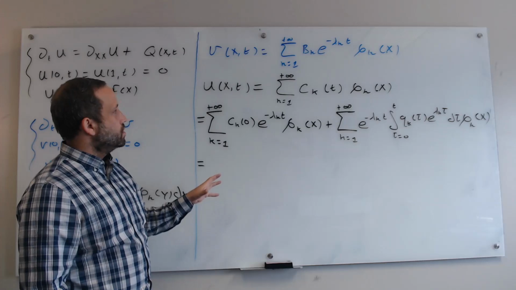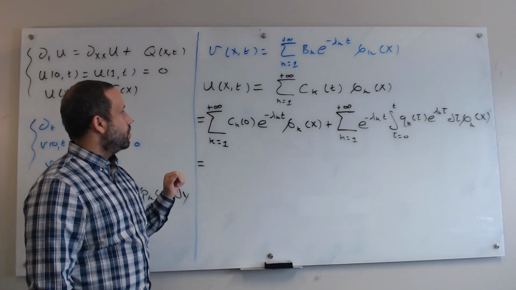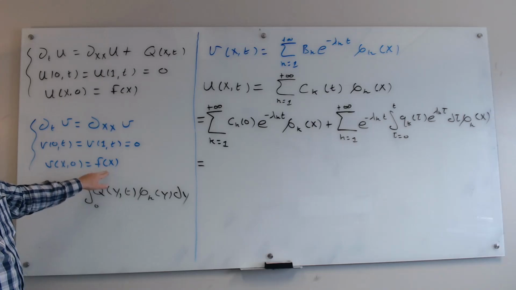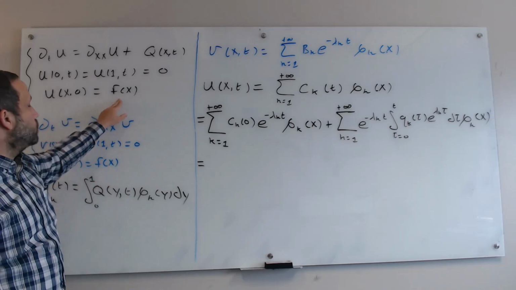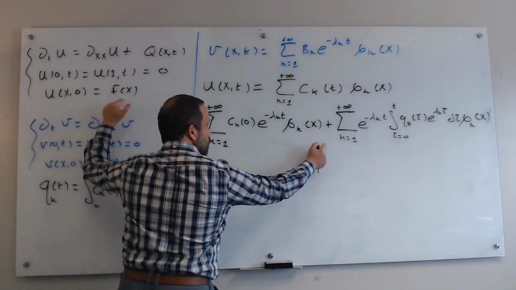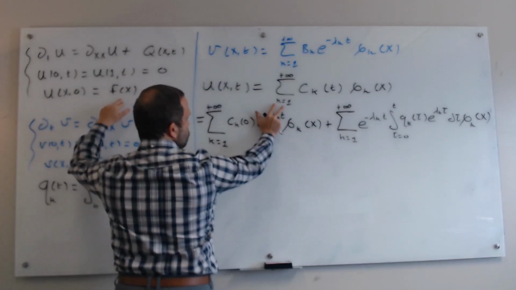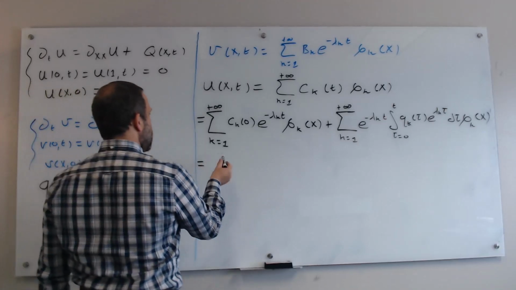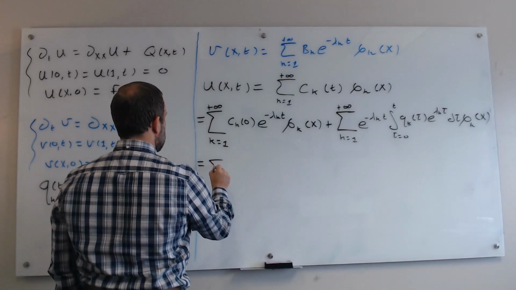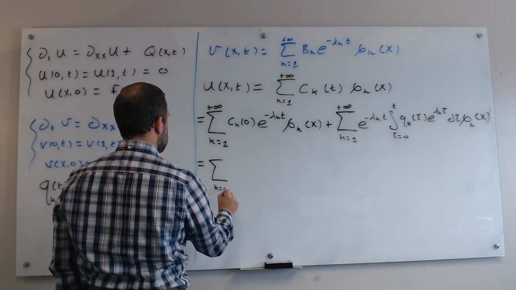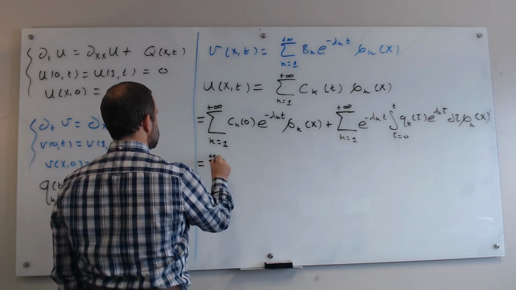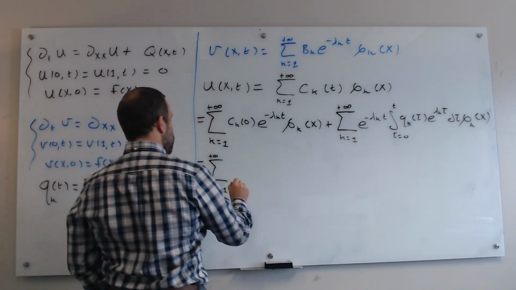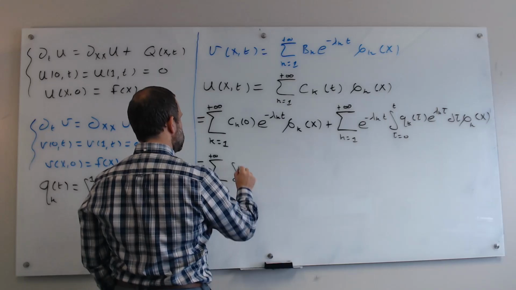So in other words, when t is equal to 0, we've got our initial condition, f of x is equal to u of x, 0, which is just going to be this sum right here with that term being equal to 1. In other words, it's just like we've seen before. So what we're going to have here is the sum, k equals 1 to infinity, c_k of 0, which is the integral from 0 to 1.